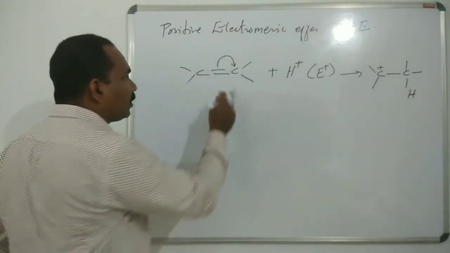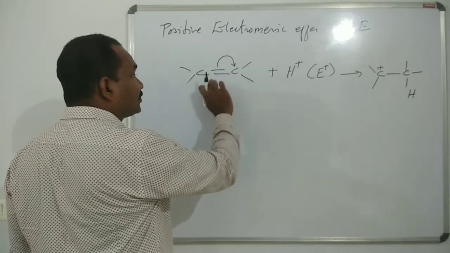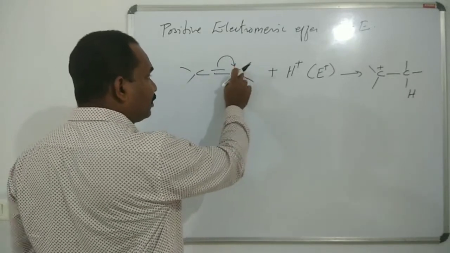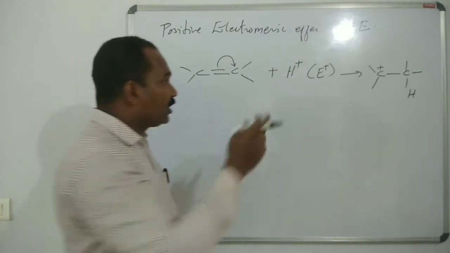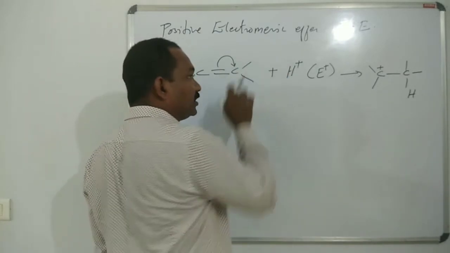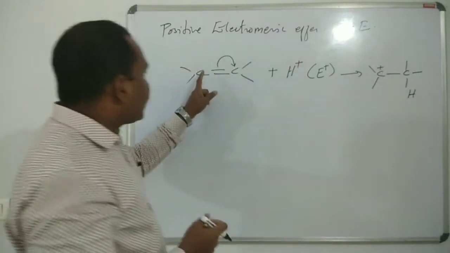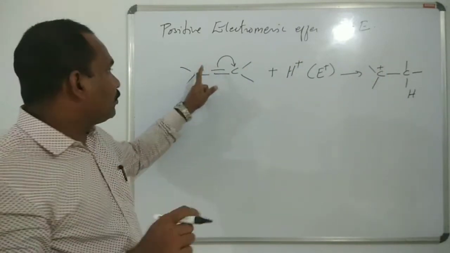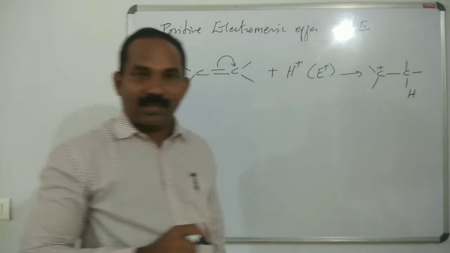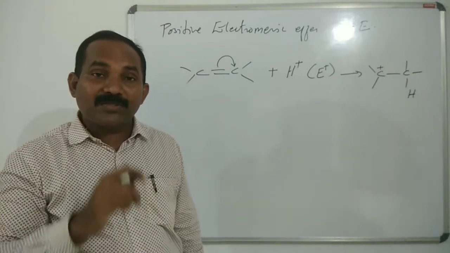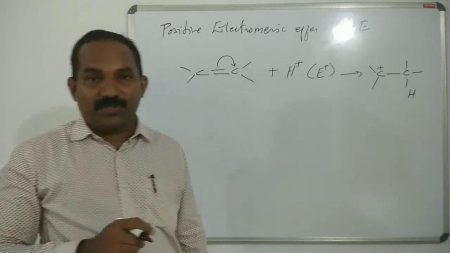Once again, the multiple bond is shifted to one of the carbon atoms. That carbon becomes negative. To that carbon atom, H plus is attached. And the carbon which lost its electron becomes positive.